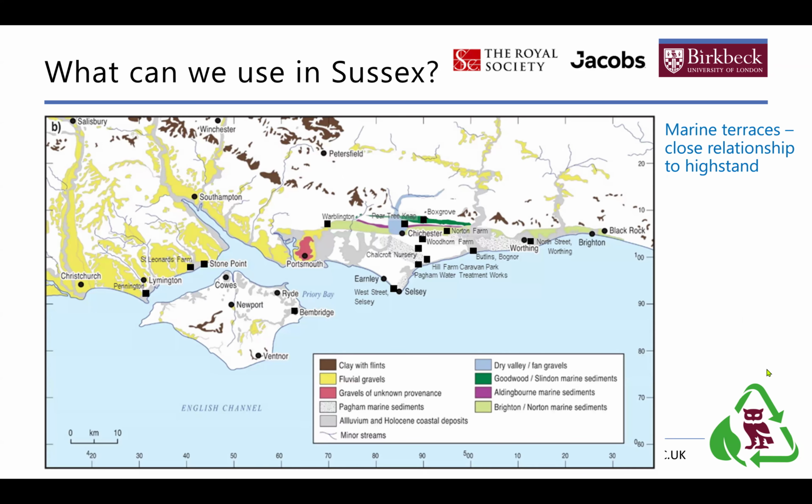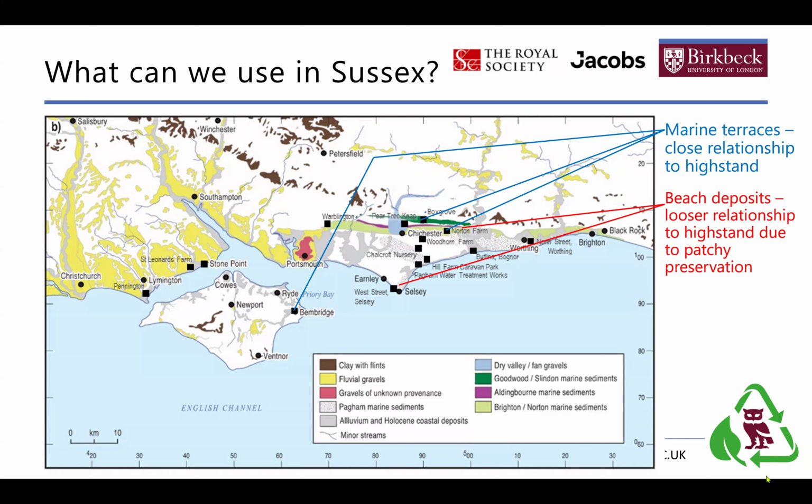So what can we use in Sussex? The marine terraces are the best, and they have a really close relationship to the high stand, and they're a really clear geomorphological feature. We find those at Boxgrove, Norton Farm, and Bembridge. There's also a marine terrace at Blackrock in Brighton, but we don't have any age estimates from that, so we're not able to use it.